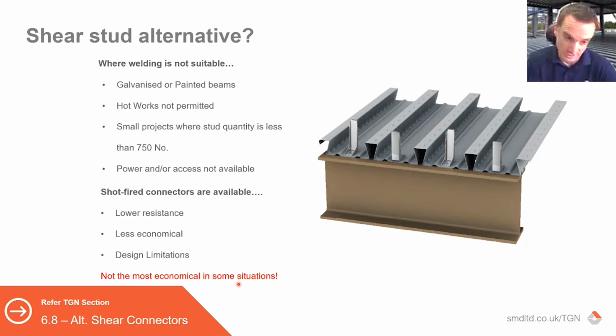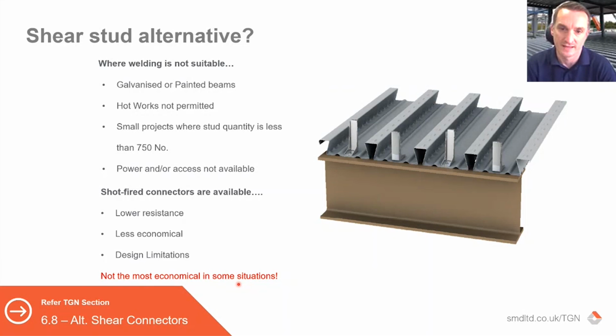I mentioned a couple of slides ago, HVBs, they are a shear stud alternative. They have a number of benefits, but then they have a number of less attractive properties as well. The benefit is no hot works. They can be installed by the same guys that are installing the decking with the same tools, without the need for a welding rig, generator, or certain power requirements that are required for shear stud welding.